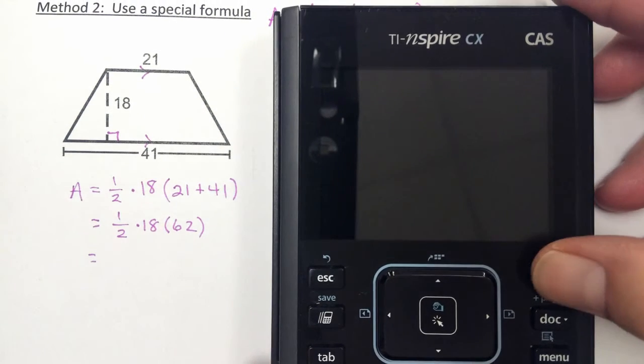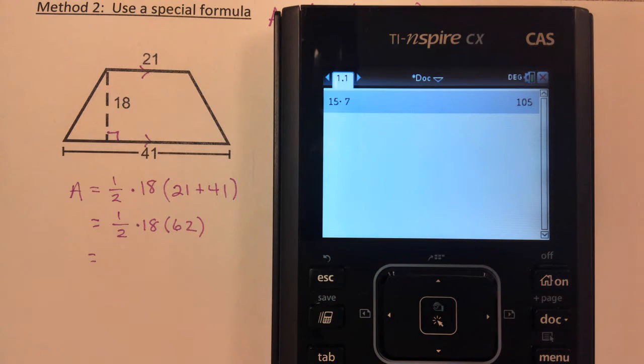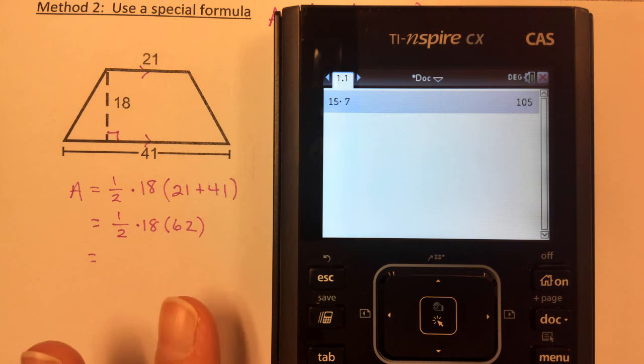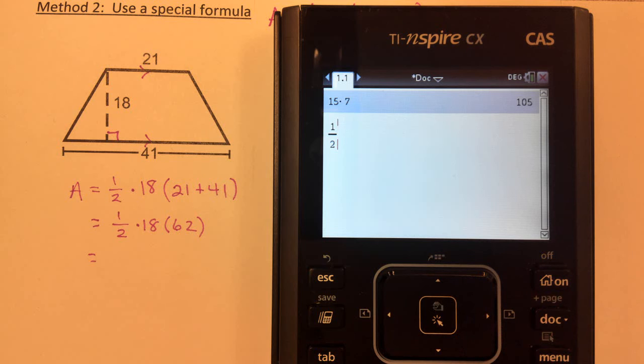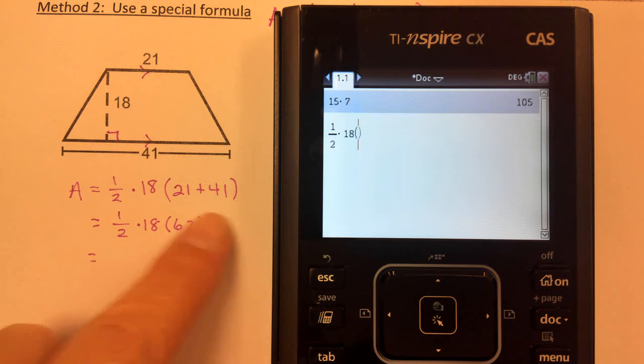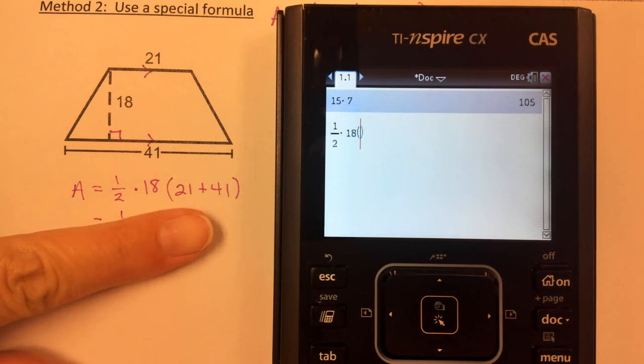For those of you who are calculator fiends, you can do it all in one fell swoop on the calculator. So control divide will get your fraction template, 1/2. You could make that a 0.5 if you think it's easier, doesn't really matter, times 18, and then you could do times 62 since you've already figured out the sum of the bases in parentheses. Or you can type in the original version if you want to skip writing this step down.